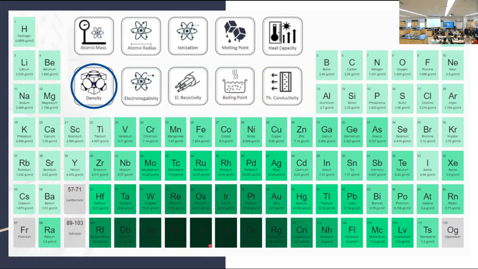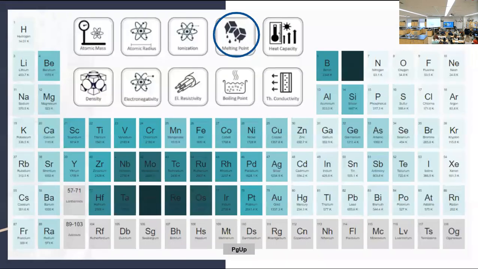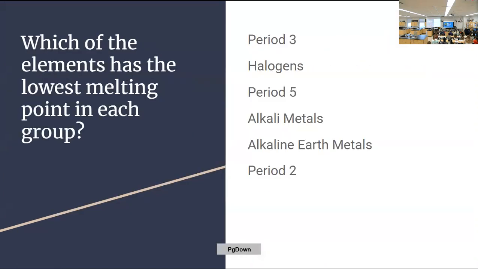And you can use that for your melting point too, right? The closer we get to this mountain peak, the higher our melting point is going to be. Of course, there are always exceptions. This is just the general trend. It's not strictly a rule.